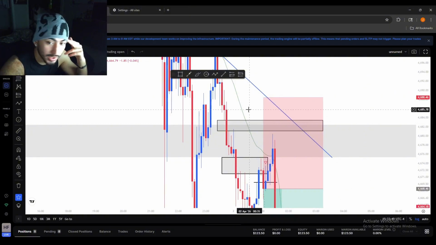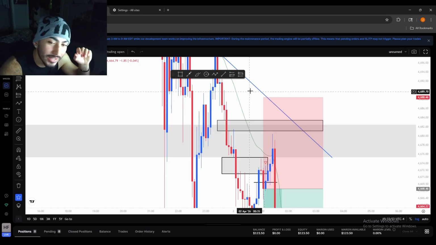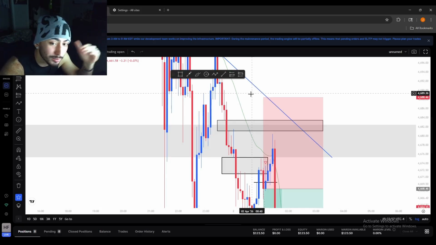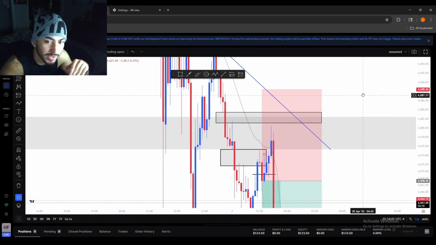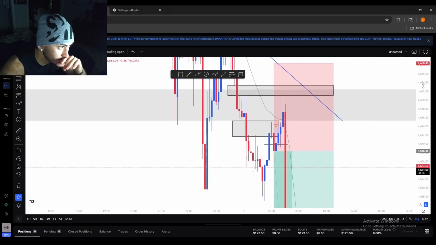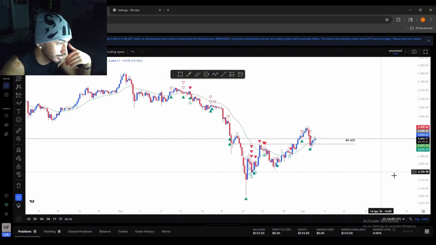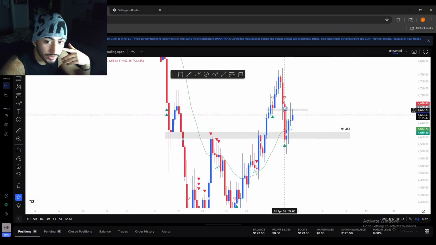Sometimes I put it on the body, but I've learned from experience that it's low-key better to have it a little bit above the wick, because sometimes it literally goes to the wick and then drops, or it goes to the body and then drops. And all you need is that little bit of space, and it's going to respect it, and you're going to be fine. And then for the take profit, what we can see is going back to the 4 hour. We already know, okay, it's breaking below this area.